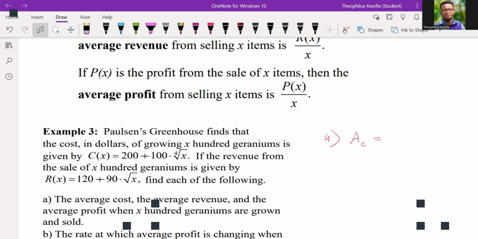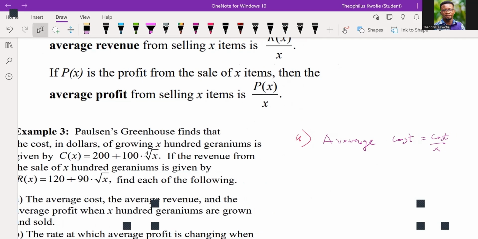Let me just make it simple: average cost is just going to be the cost divided by x. It's just going to be the cost, and in this instance it is represented as C of x, so it is C of x divided by x.